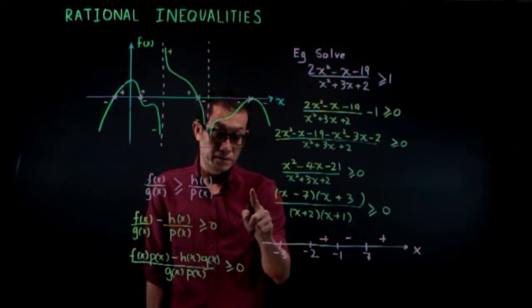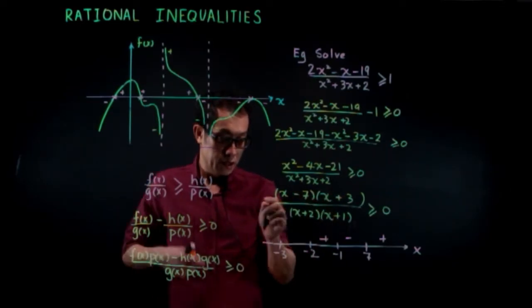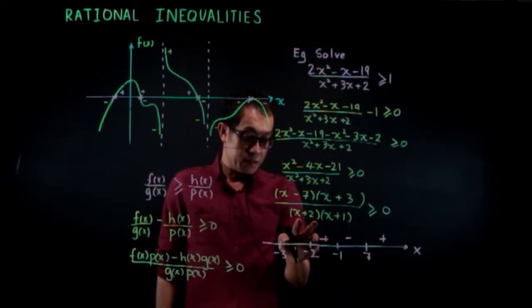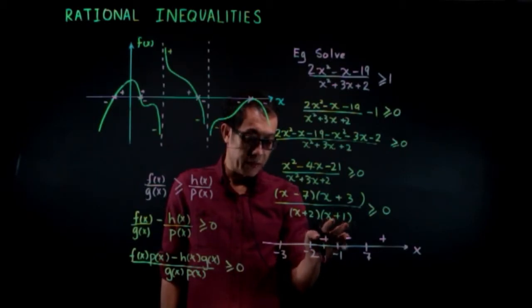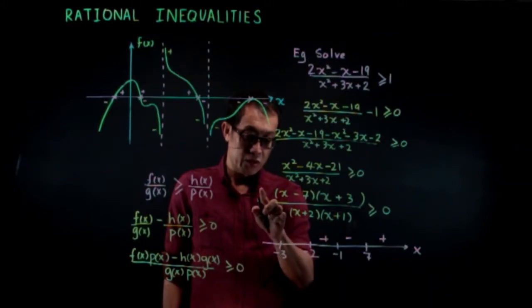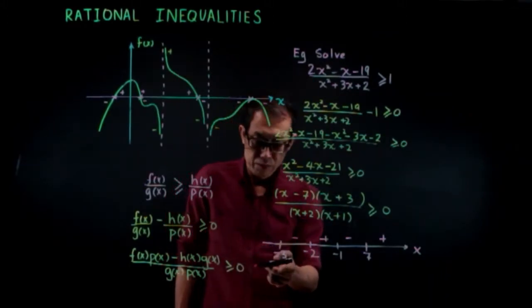Now what happens to the denominator? This part is negative as well. Then minus 2.5 plus 1 is negative itself. So this is positive. So a negative divided by a positive is negative.